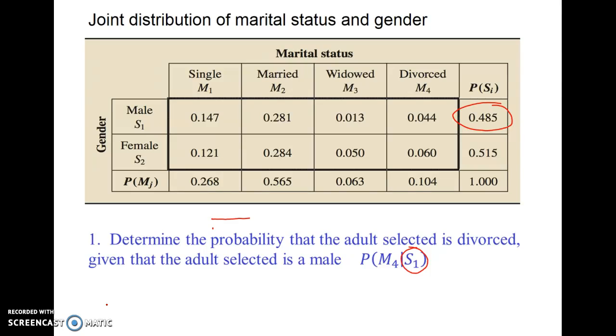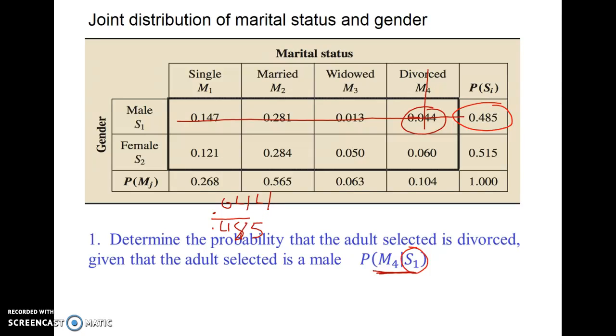Then I want to find the numerator, which is going to be both of these, M4 and S1. Here's S1, here's M4, and this is where they come together. That's going to be 0.044.